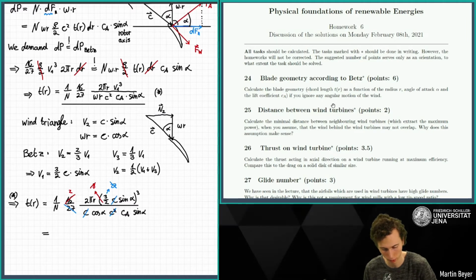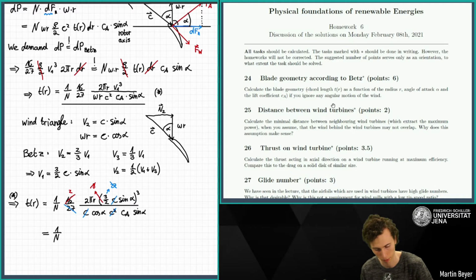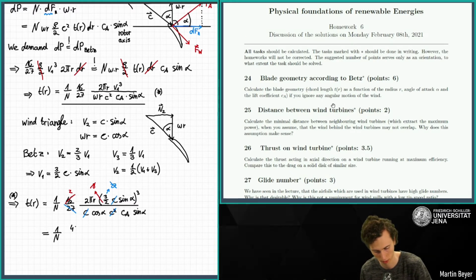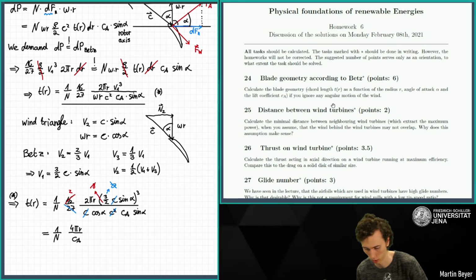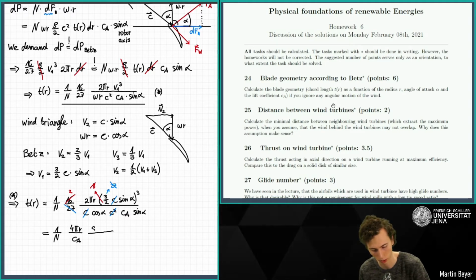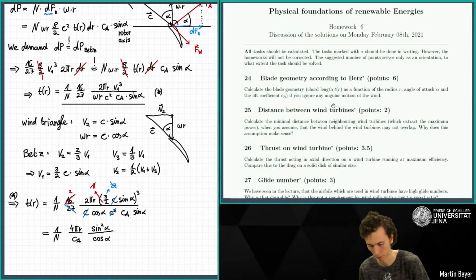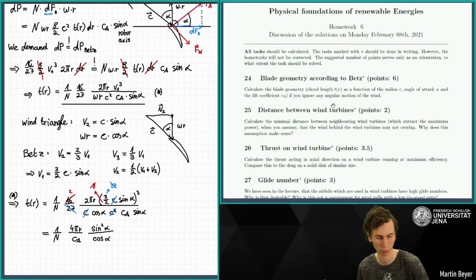So in the end we find that this is just 1 over n times 4 pi r over Ca, and the signs, we have one sine in the numerator cancelled out, so sine squared over cosine alpha. And now this is our final result.